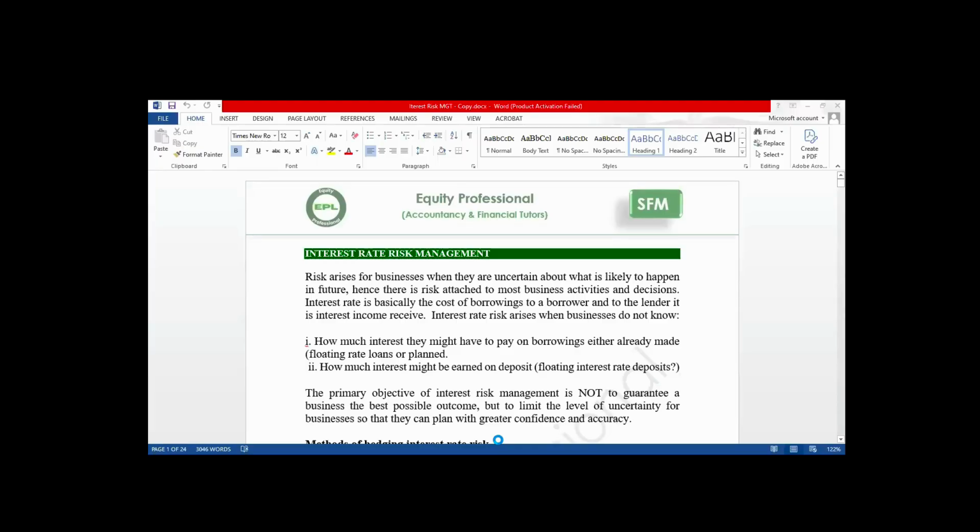But the interest rate payable on your borrowing or on your investments, interest rate receivable on your investments, you are not sure. This creates uncertainty for businesses.